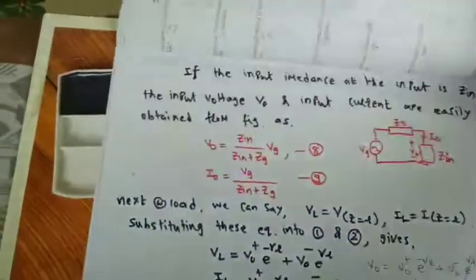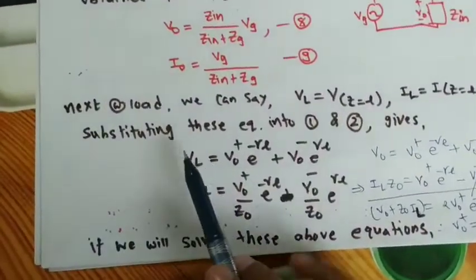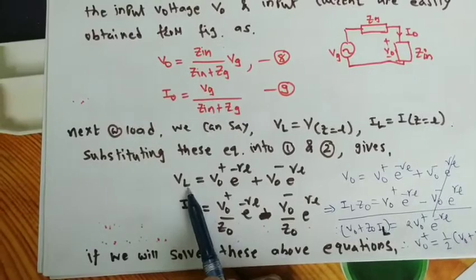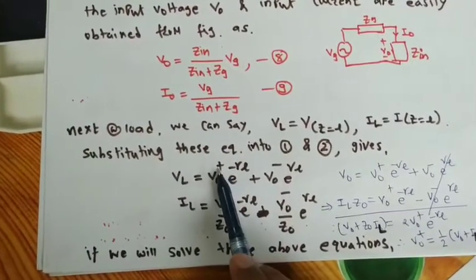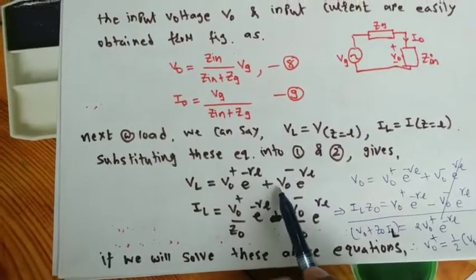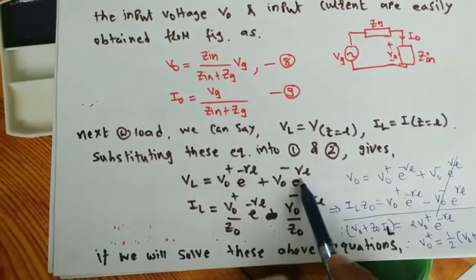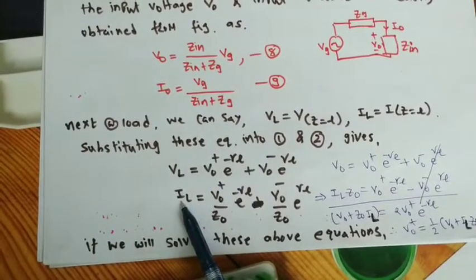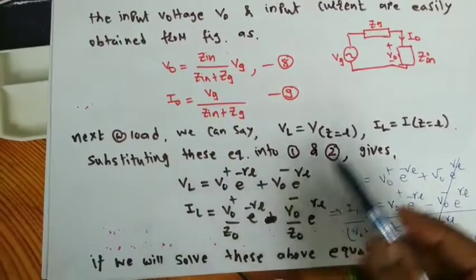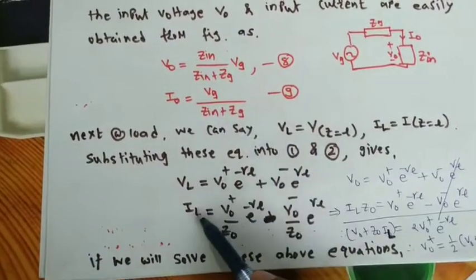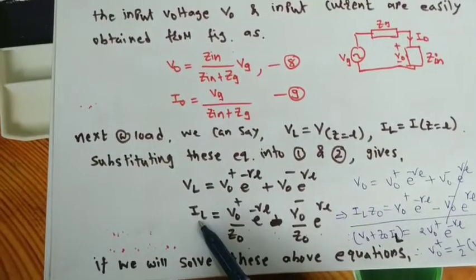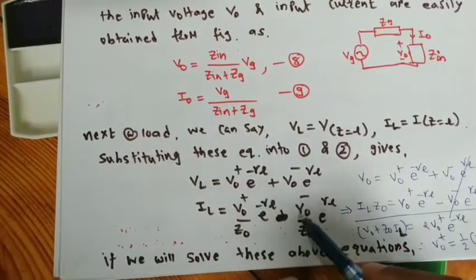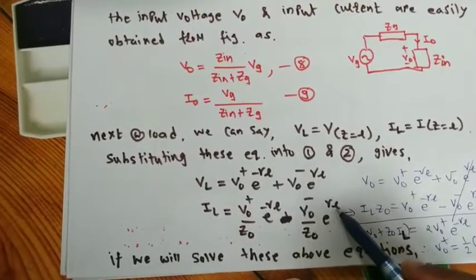Vs of z now becomes VL, which is equal to V0 plus e raised to minus gamma L plus V0 minus e raised to plus gamma L. In the same way, earlier it was Is of z, but at z equal to L the current is IL, the load current. That becomes V0 plus over Z0 e raised to minus gamma L minus V0 minus over Z0 e raised to plus gamma L.